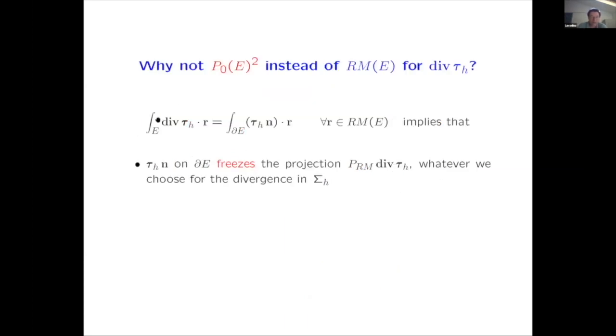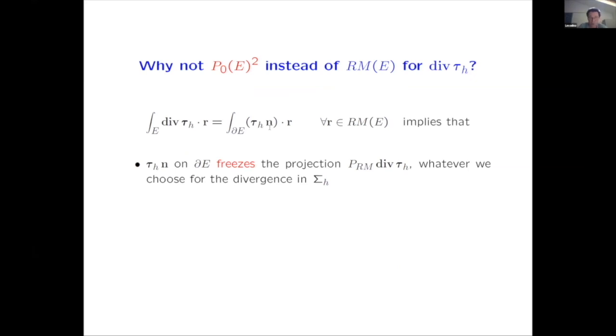Again, the answer is the integration by parts formula, because whatever you choose for the divergence, this formula tells you that the projection, so the rigid body part of your divergence, is completely determined by the boundary tractions.